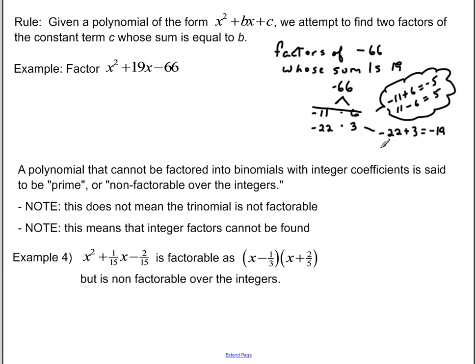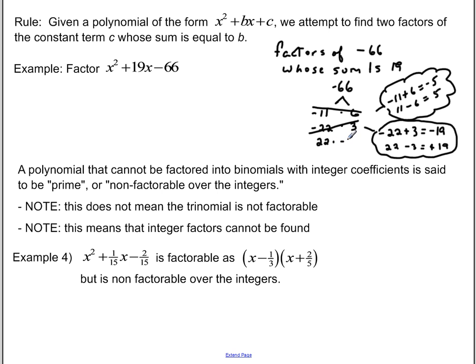Well, we need positive 19, so we're going to have to change our signs here and say, how about positive 22 added to negative 3? Well, there you go. That is positive 19. And so that's our pair right there, 22 and 3. And as a matter of fact, it has to be not negative 22 and positive 3, but in fact 22 and negative 3.